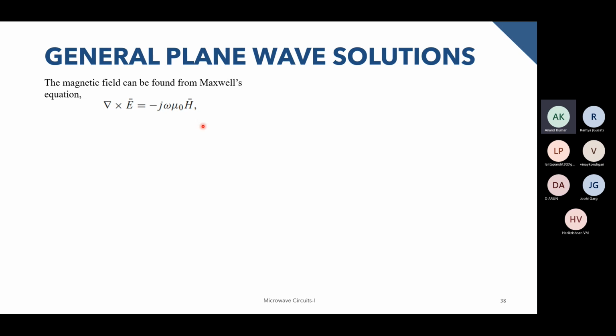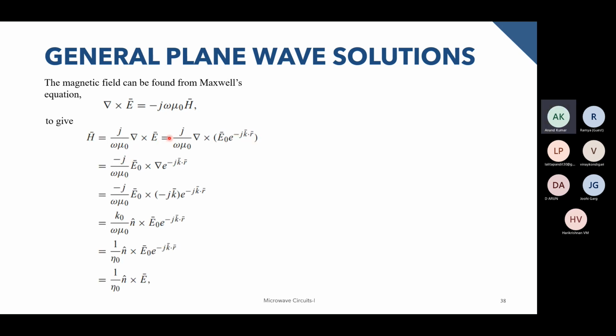So we substitute the value of the electric field, perform the curl operation, and we end up with this particular expression, where n is the normal vector, the direction of propagation of the wave, and E is the electric field. So we get this generalized expression.